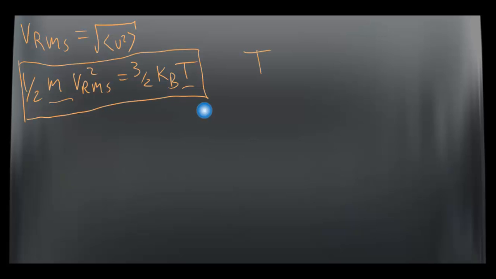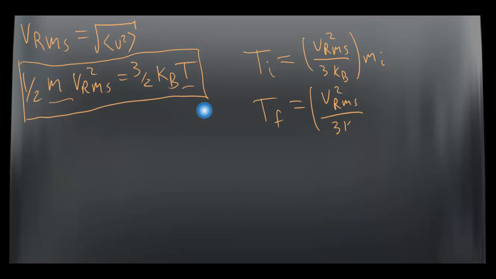when we found the increase in temperature from the increase in velocity. We write T_i is equal to, so just rearrange this as v RMS squared over 3 k_B times some initial mass, and then we can write the final temperature is equal to this same thing in parentheses times, now the mass is twice as big, so it's 2 m_i.